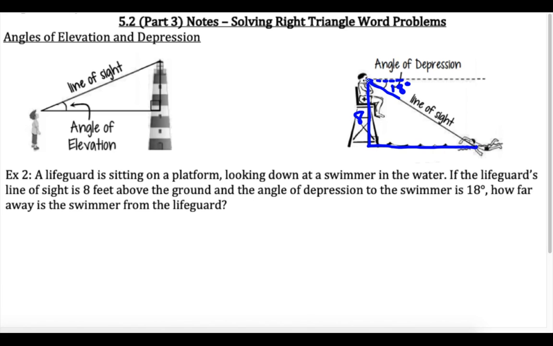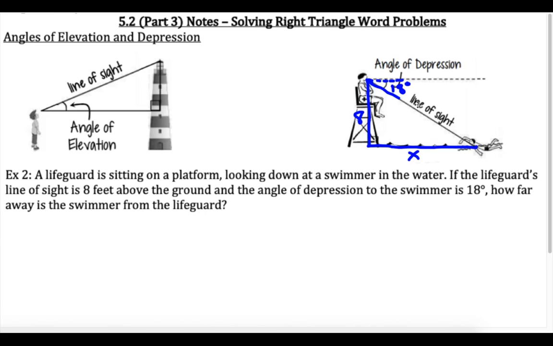The swimmer is not going to fly. If we were talking about maybe a bird, then we would want to look for this distance. So we just have to use context of the problem sometimes if they're not super specific. In this case, we would want to look for this value here. So I'll say that's my x.